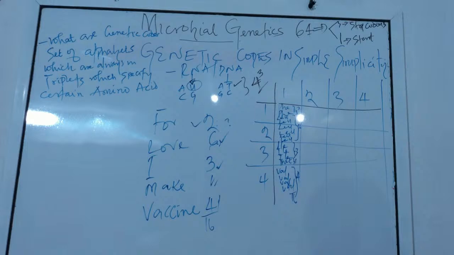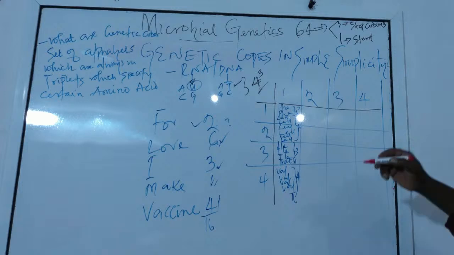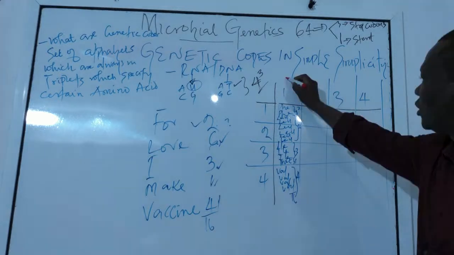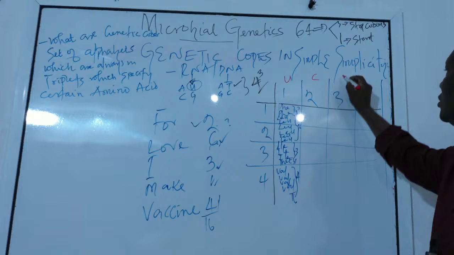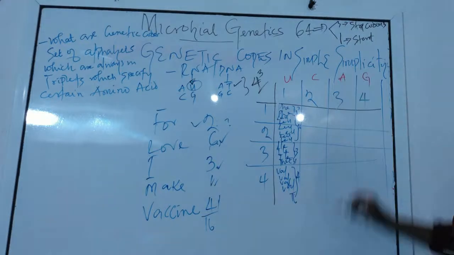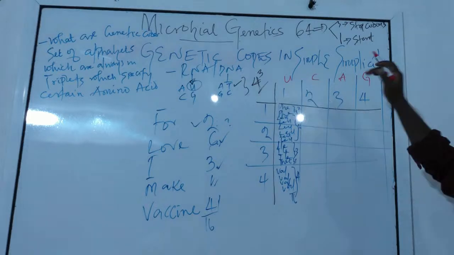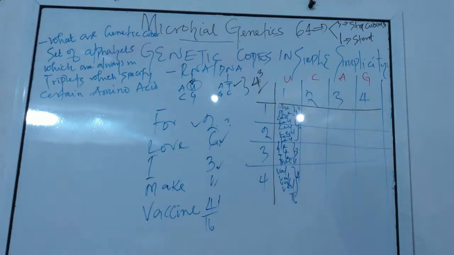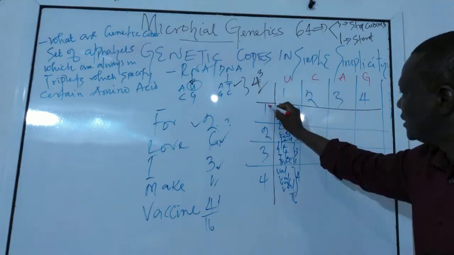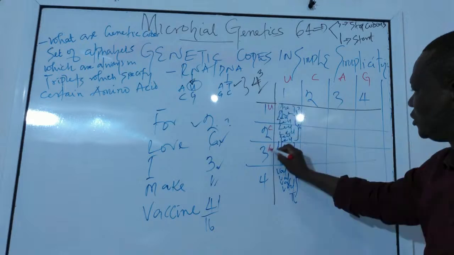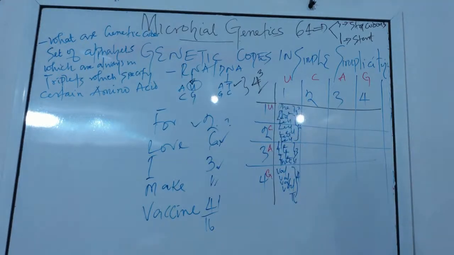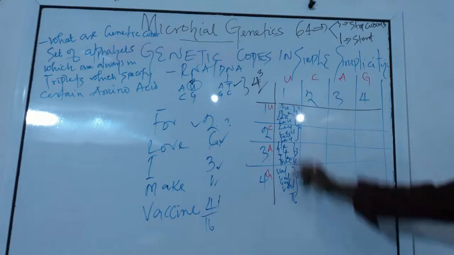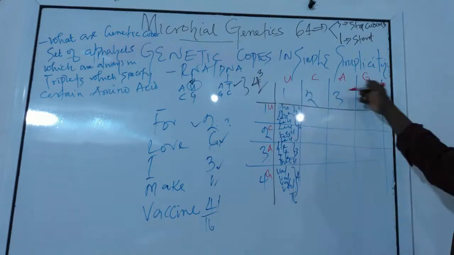However, you should not forget how these words are being combined. In the first column, just write U, C, A, G. Then again here too, write U, C, A, G. UCAG up, UCAG down.